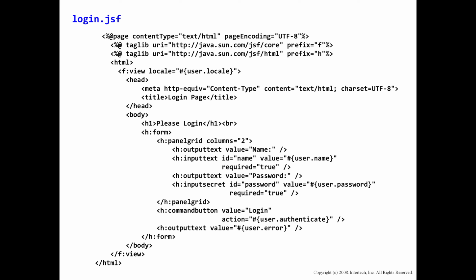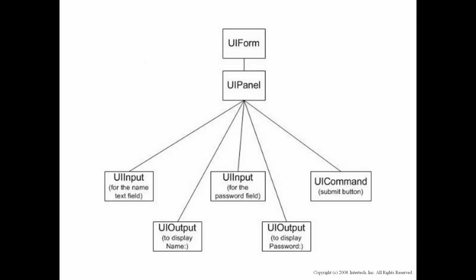And then based upon what happens from there, the output text if there was a user error, in this case, this is one way of generating errors. In fact, there are more sophisticated ways of doing that, as we'll see.